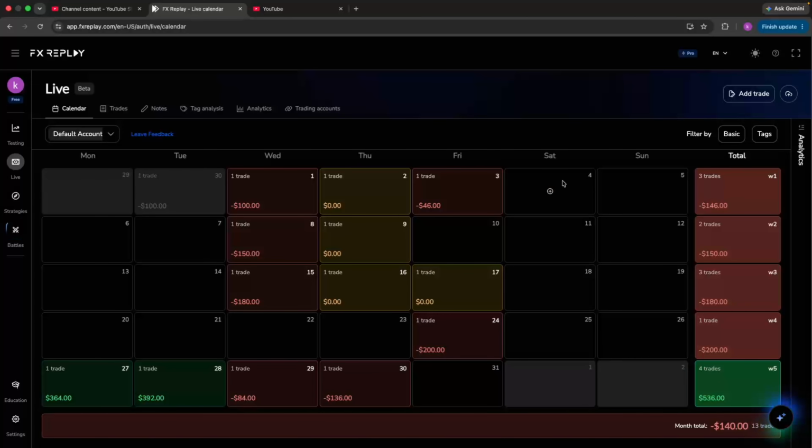But as you can see, loss of the first week, minus $146, minus $150, minus $180, and then the week after, minus $200. So out of 5 weeks in a month, I've lost four of them.